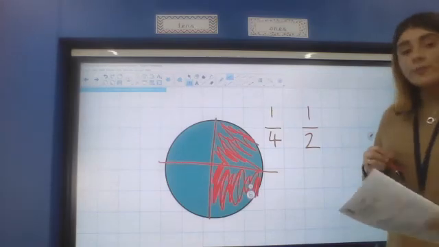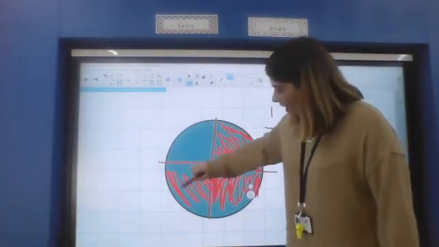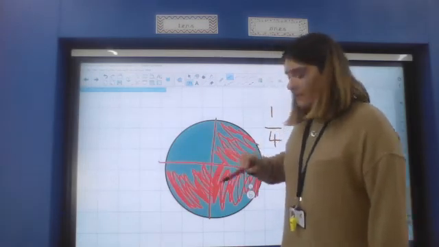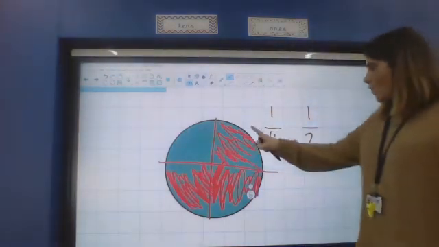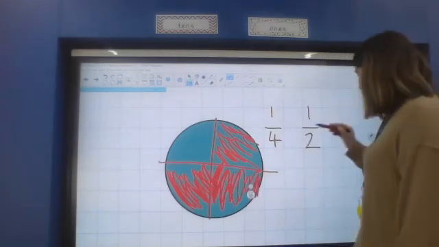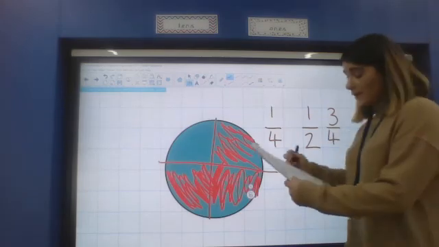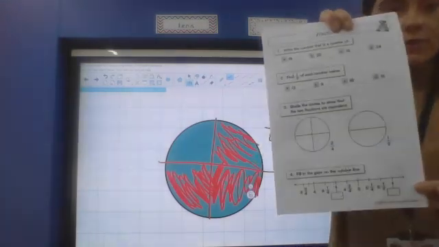I'm going to shade in another part now. What part of my shape have I shaded? 1/4, 2/4, or a half? 3/4. That should help you to answer question 4.